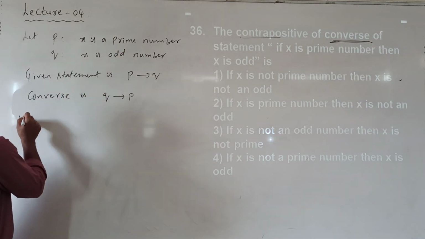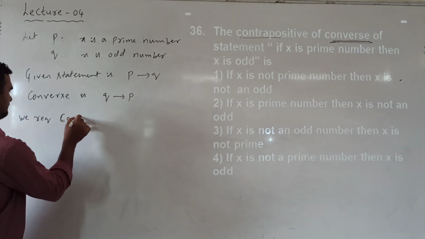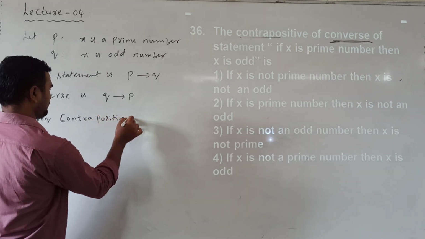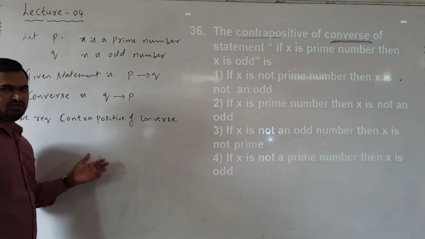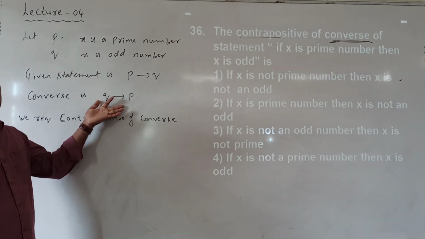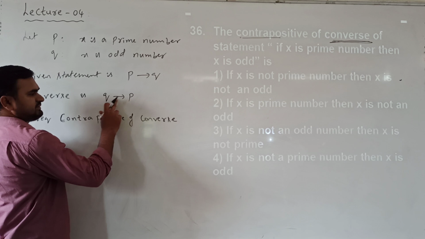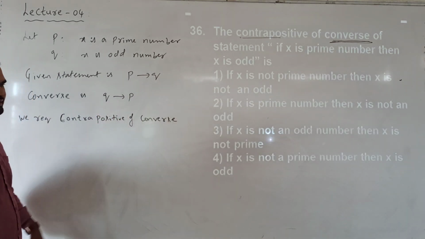Now for this converse statement, we have to write a contrapositive. We require the contrapositive of the converse. Now it is in the form Q implies P. So what is the contrapositive of this statement?